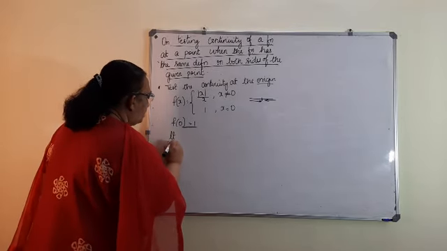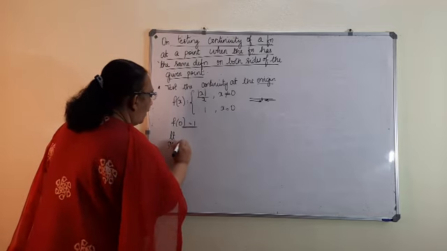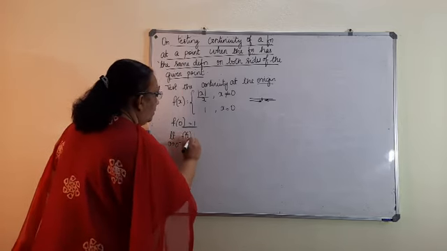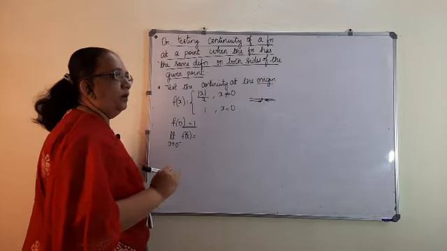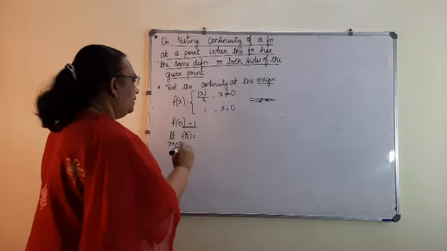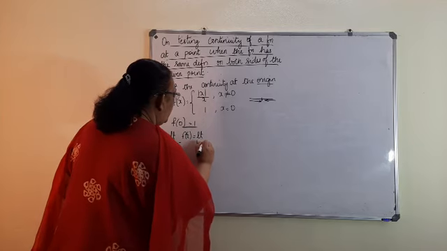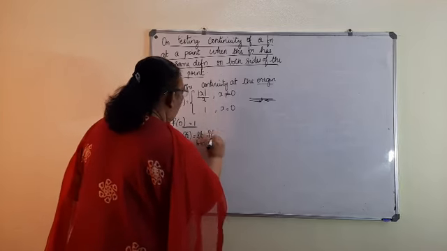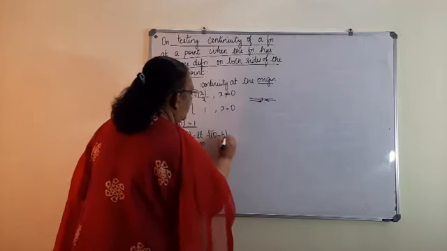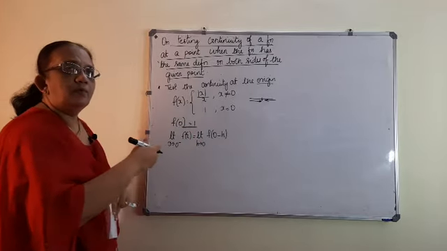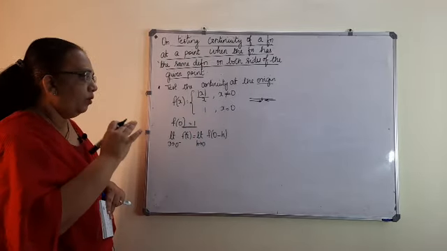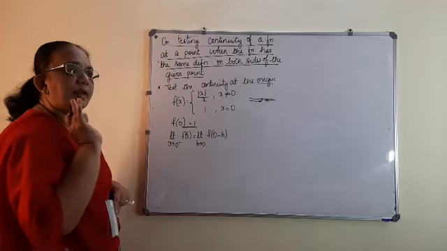Limit x tending to 0 minus f of x is equal to, as you studied last year, by the formula, limit h tending to 0 of f of 0 minus h. I am not going into what we discussed in the previous year. I hope all of you remember why we are writing like this.